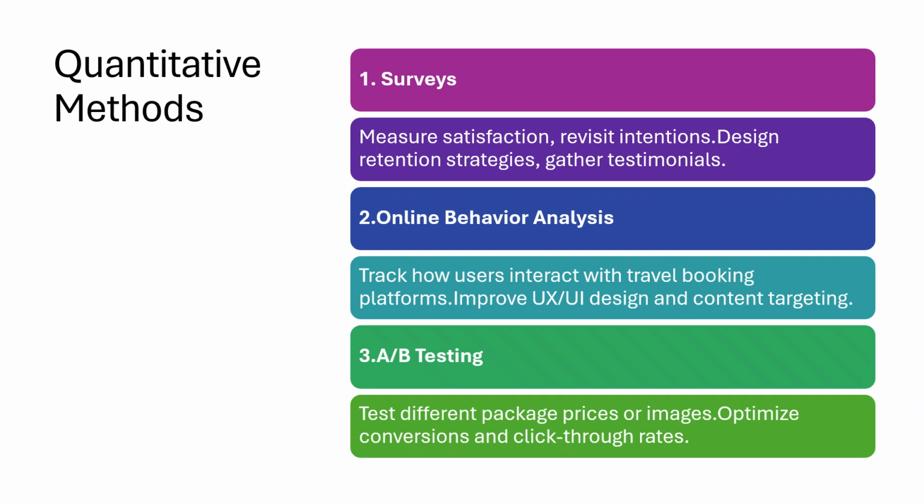The second one is online behavior analysis, OBA. So here tourists interact with digital platforms, and therefore it helps marketers to study behavioral data such as, for example, page views, click path, or time on a website. So marketers track things like search filters that were used. So it helps them to identify what amenities or features are valued by customers most.